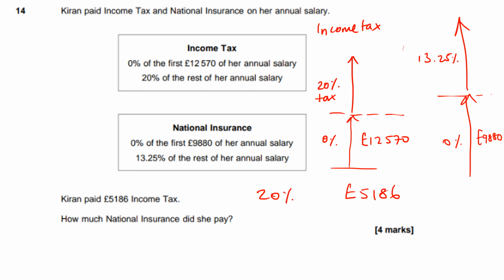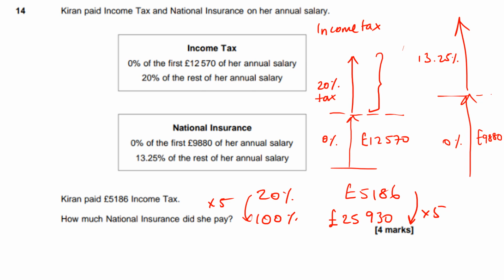This means that 100% of this section is going to be, if I scale them up and I times it by 5, £25,930.